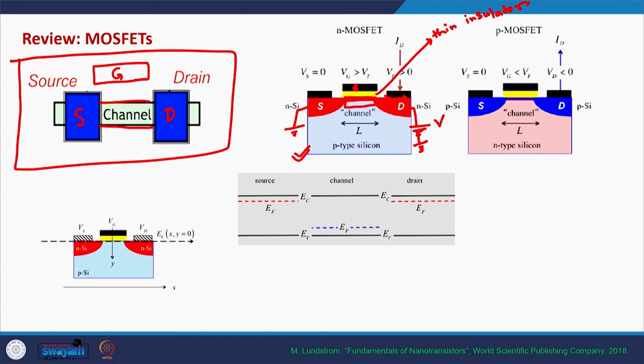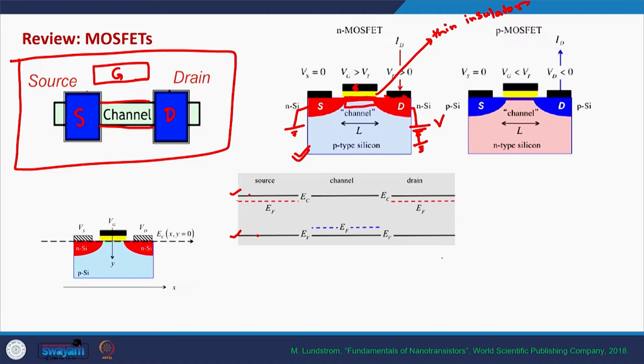If we want to understand how electrons go through various kinds of materials while traveling from the source to the drain, it is best to draw the band diagrams of the channel region from the source to the drain via the channel region. These are the conduction band edges and valence band edges. This is the conduction band minima, this is the valence band maxima, and apart from them we have the Fermi level.